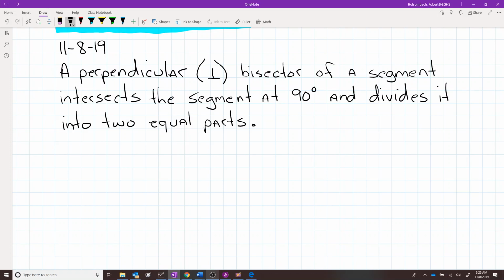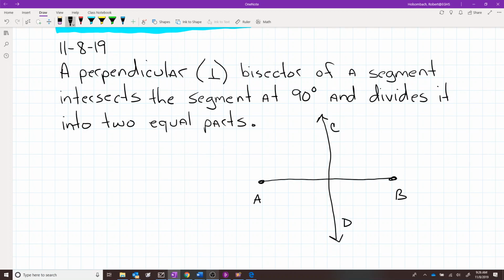So if you've got a segment, let's say this horizontal segment is AB, and then a vertical line or segment, we'll call this CD.